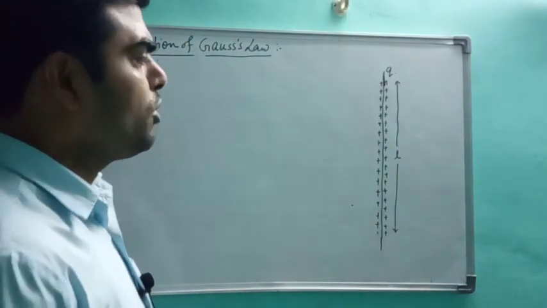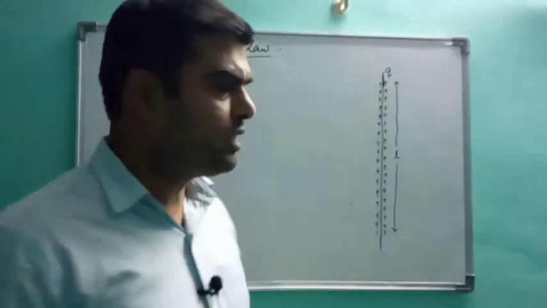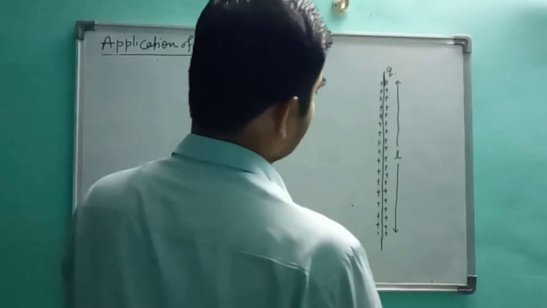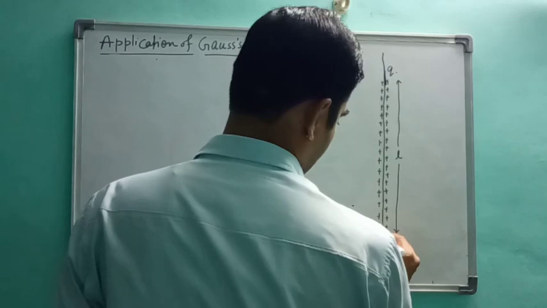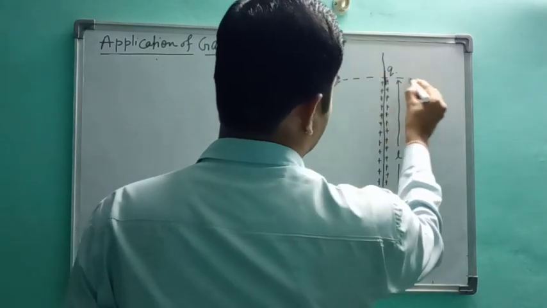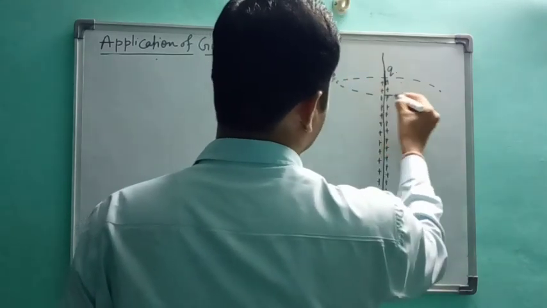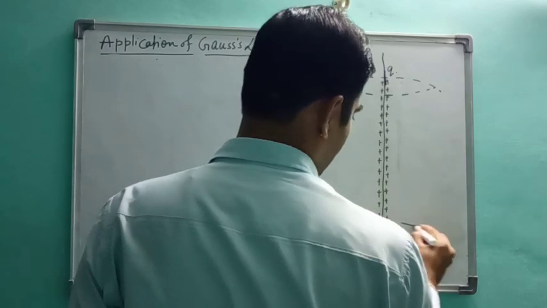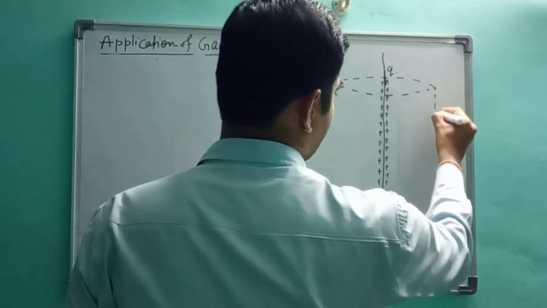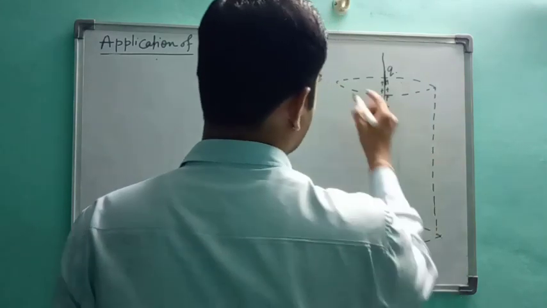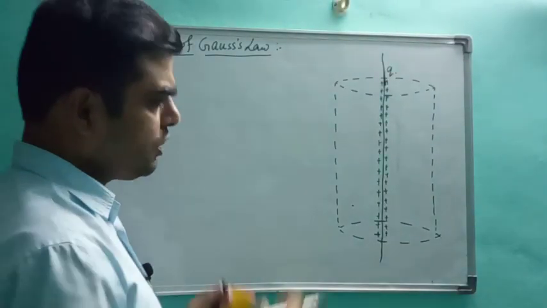Because of the positive charge, the electric field lines are outward. The second figure is also to be drawn in your notebook, and create the cylindrical Gaussian surface.